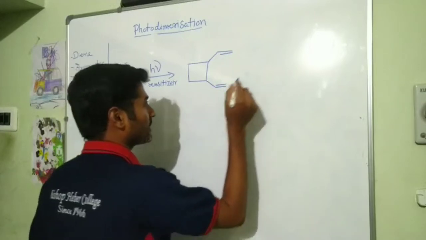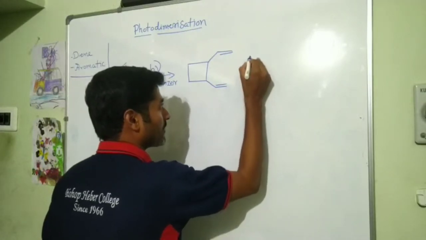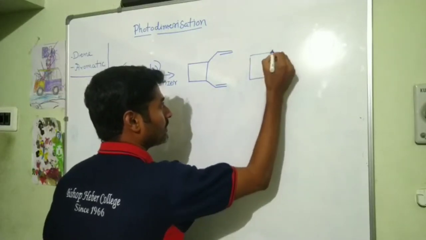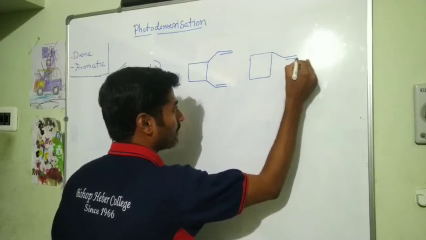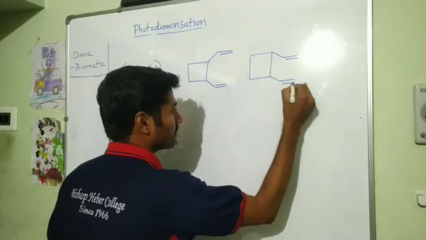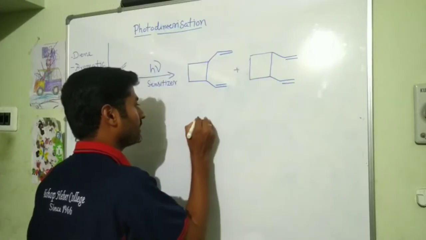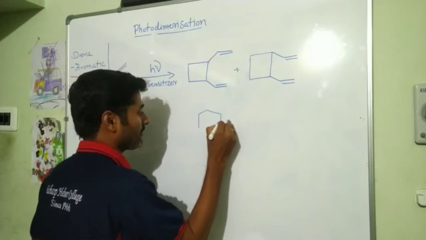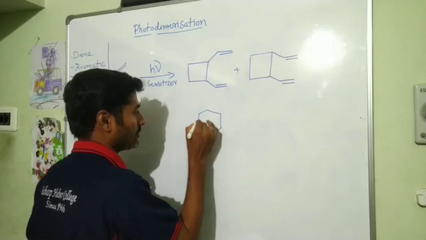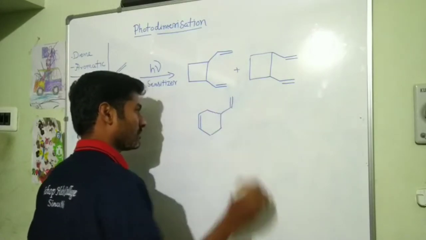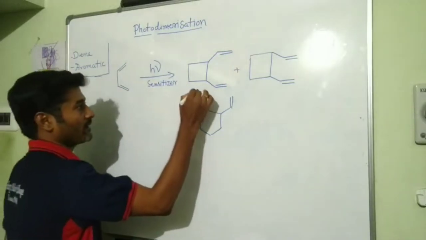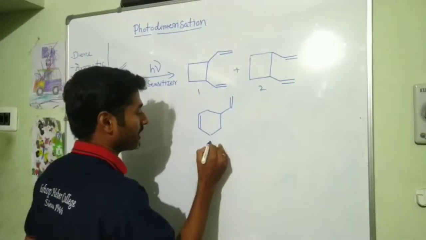This is one product, and this one is the second product, and the third one is vinyl cyclohexane. This is the third product. 1, 2 and 3.